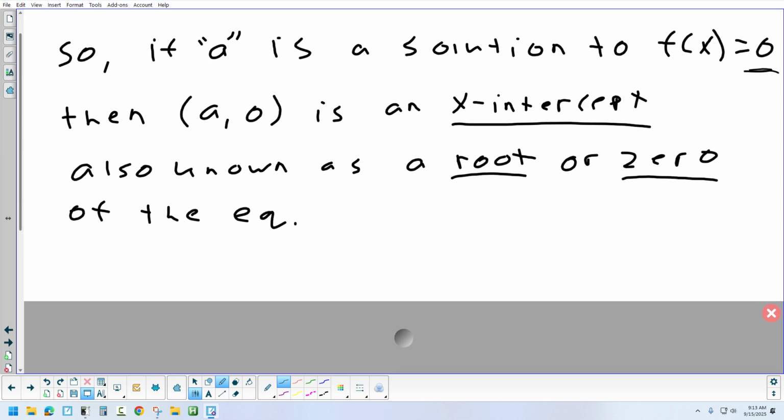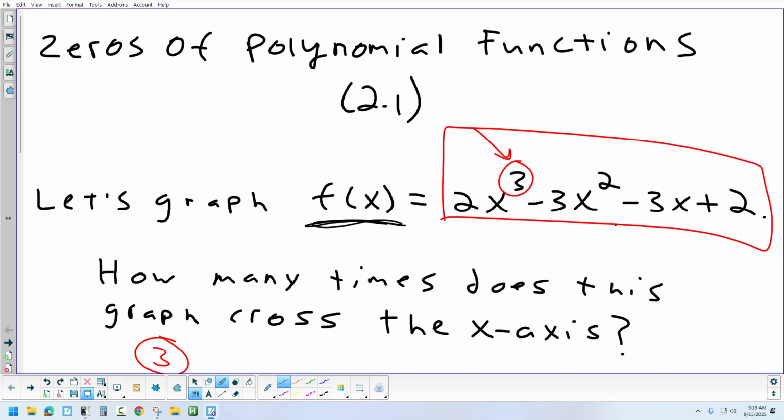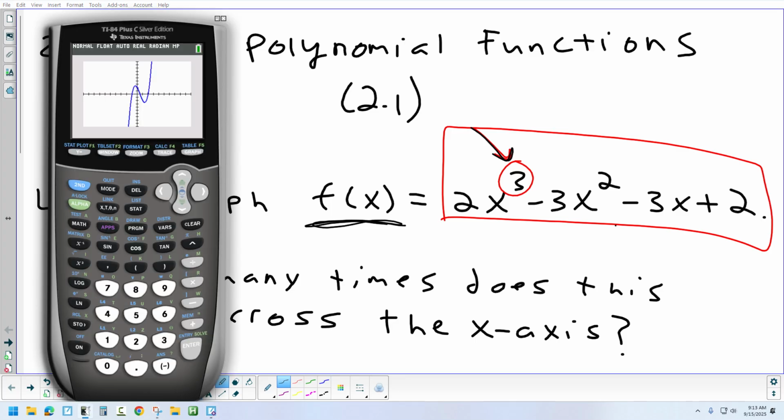Now, that equation was a little more complicated. That was a cubic polynomial. The highest exponent is the maximum number of times the graph could cross the x-axis. It's not a guarantee that it will cross that many times. For example, if I type in x cubed, the highest exponent is a 3.